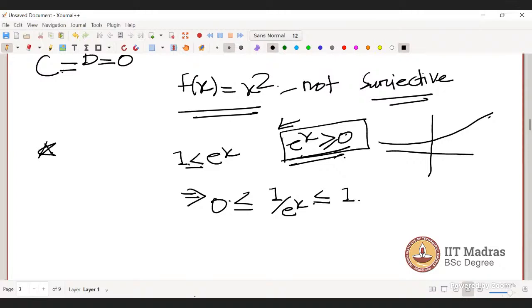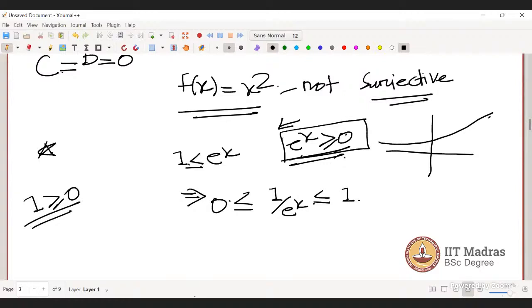I'm not saying that e power x is equal to 0. When I'm saying e power x is greater than or equal to 0, certainly it's true, right? When I am saying 1 is greater than or equal to 0, what is the problem in this statement?